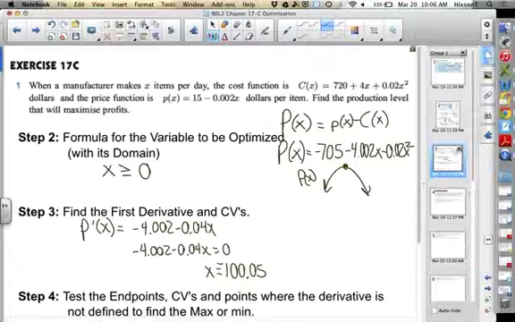Okay? So this one's got a little bit of an issue. Let me see if maybe there's a typo in there somewhere.